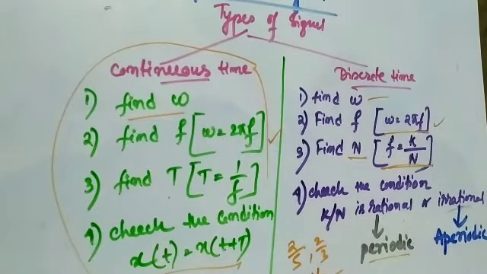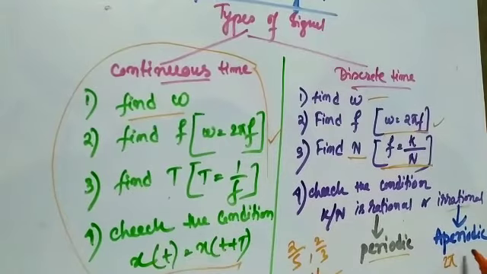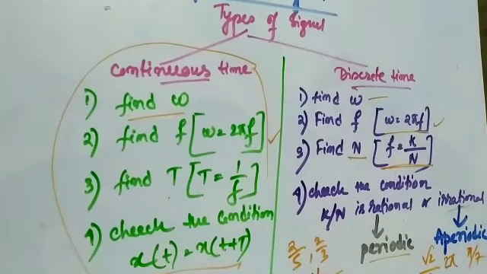But if it is an irrational number like 2 pi, pi by 7, root 2 by 3, then the signal will be an aperiodic signal. This is the total process for calculating the period of a signal and also finding the nature of the signal for both continuous and discrete time signals.